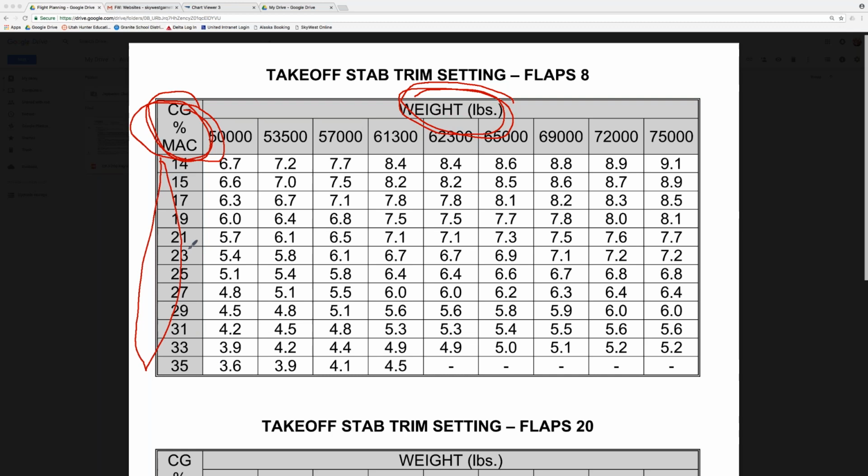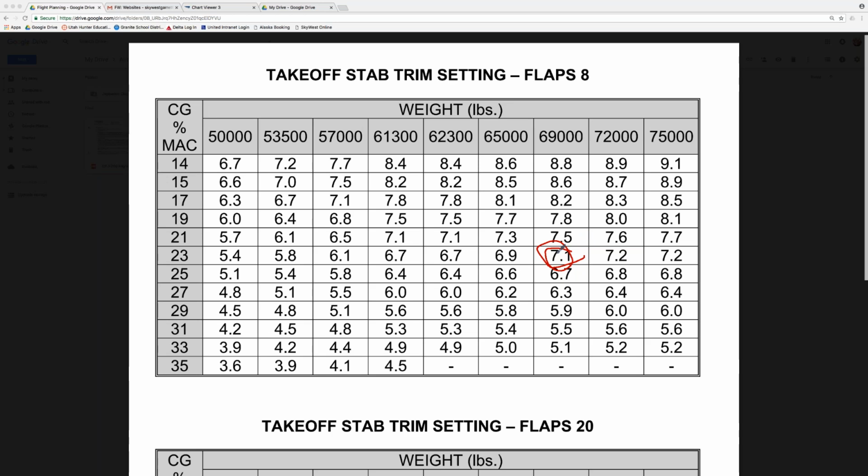So we were 23% of MAC, right? So we'll follow this line to our 68,000 pounds. Oh, it's somewhere in between these two. Super hard to figure that part out, right? Interpolate, so 7.0. Yeah, we'll interpolate. If you say 7.0 or 7.1, you're right. Either one of those will work.